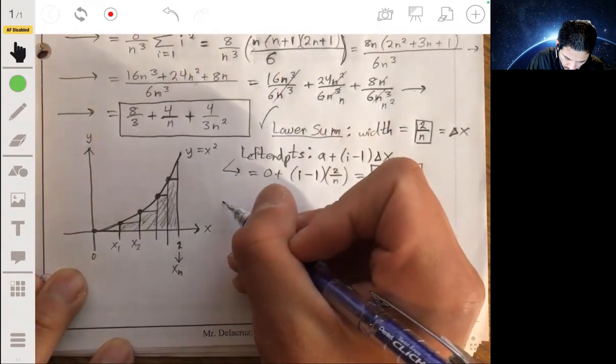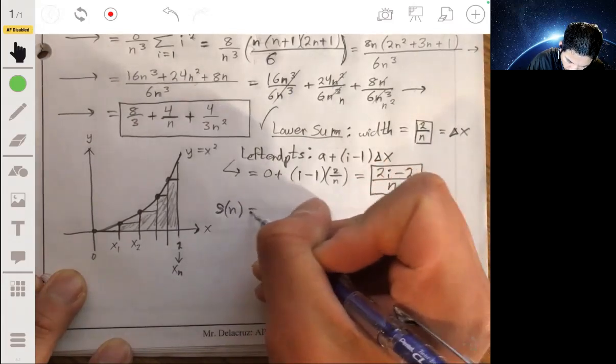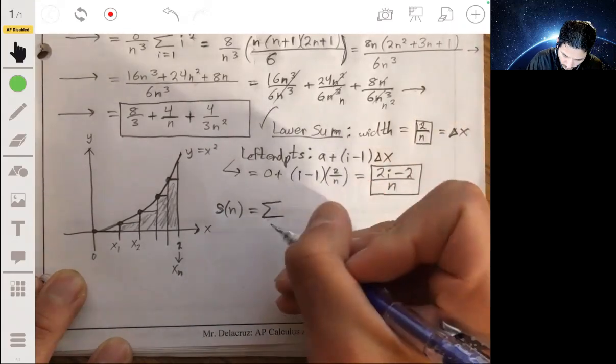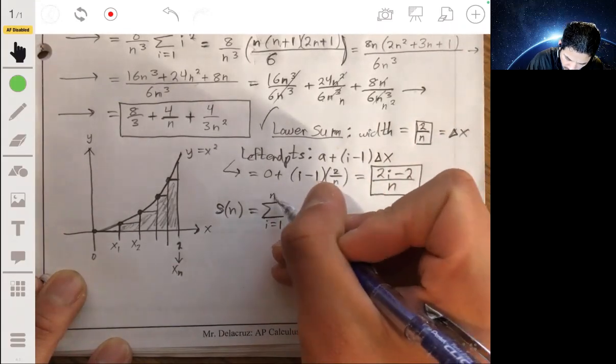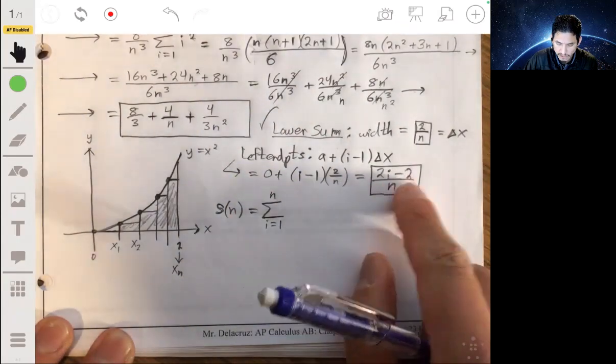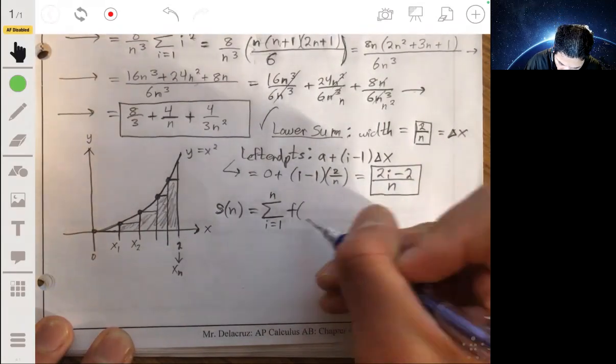Okay, so then your lower sum, so little s of n, will be the sum from i equals 1 to n of f of 2i minus 2 over n. This will be your height. These will be your heights.